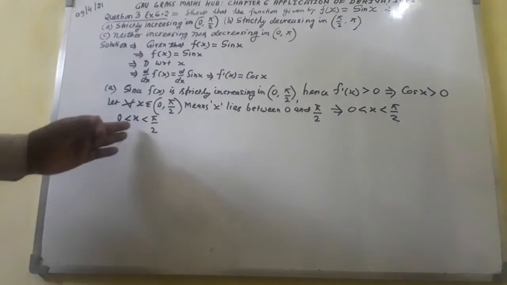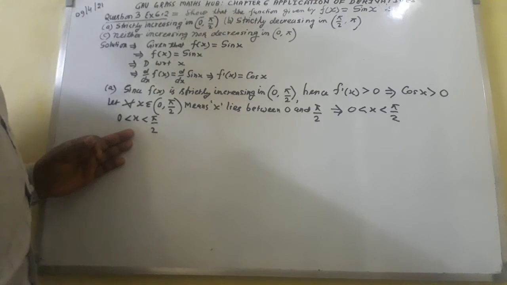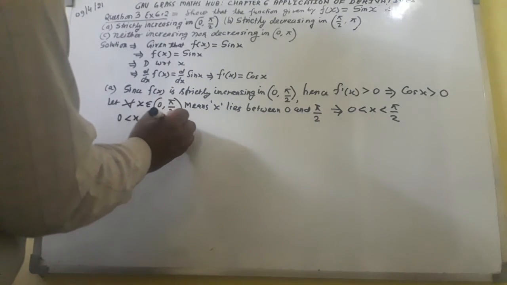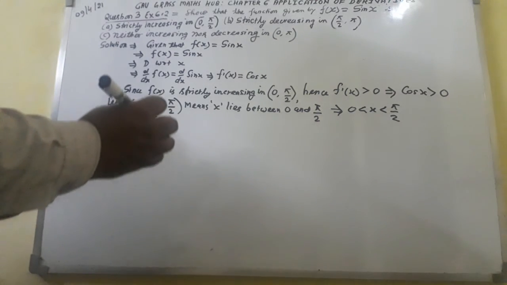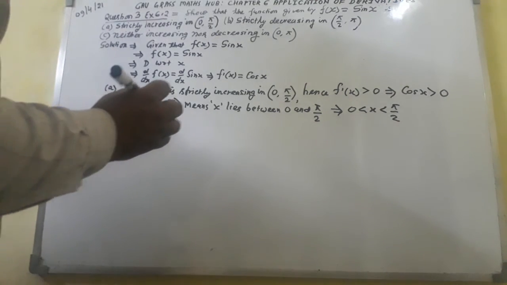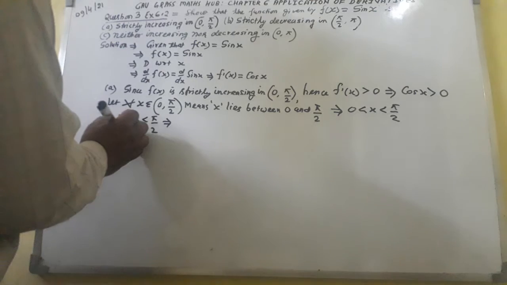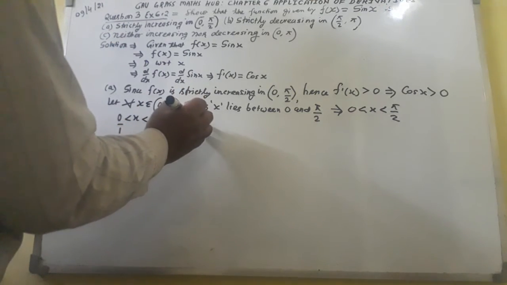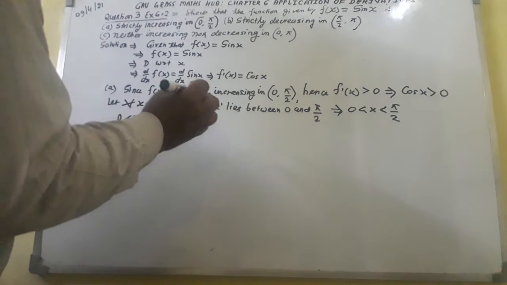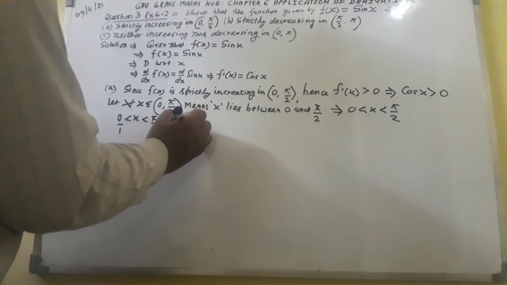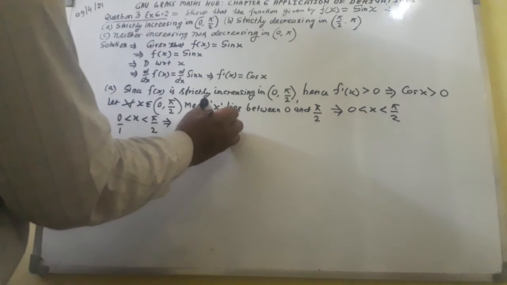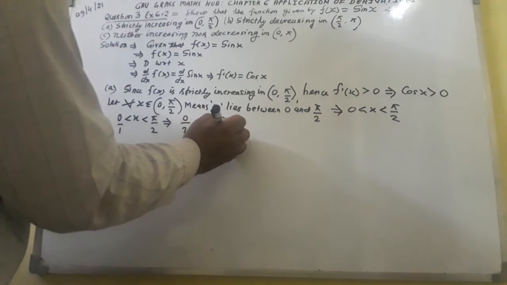Here I shall establish the value of x with the help of this identity. Let us write 0 over 1. So here you will get 0 over 2 less than x less than pi by 2.